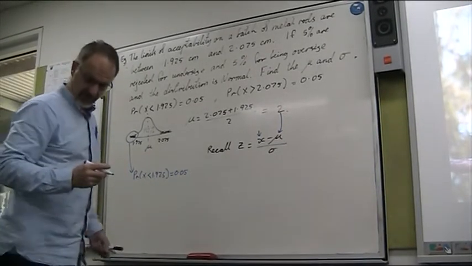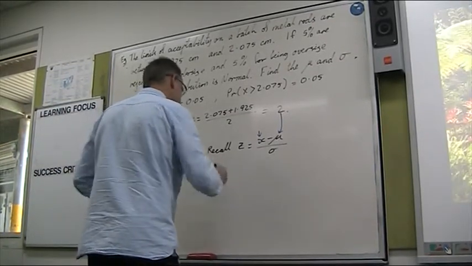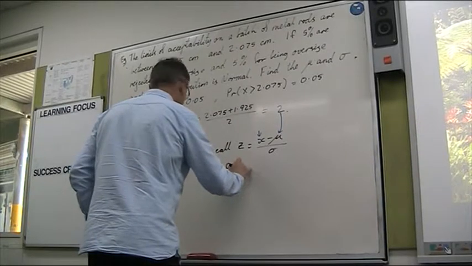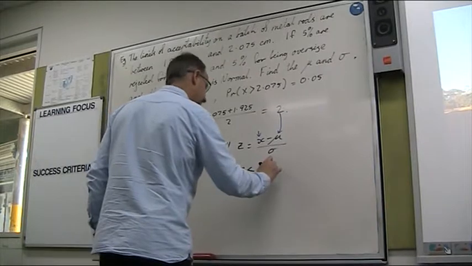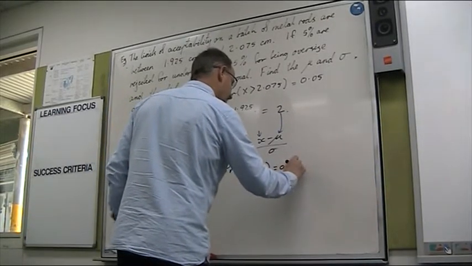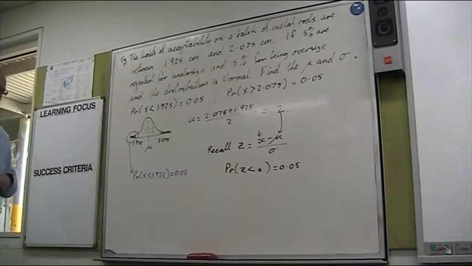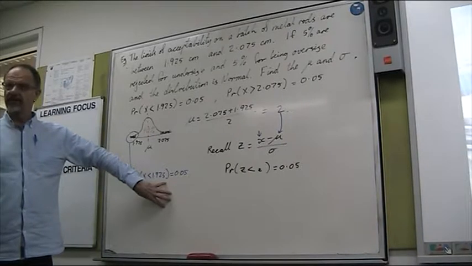So what we're looking at then is, what about the probability that z is less than some number, call it z, being 0.05. What little z is that?